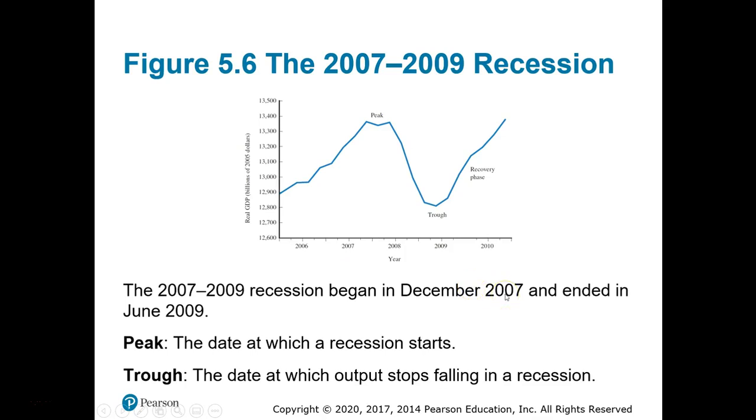The peak is the date a recession starts, when it tips over. So in this graph, where is our peak? Is it in October of 2007? Or was it in September? Or was it in November? Or was it in January of 2008?